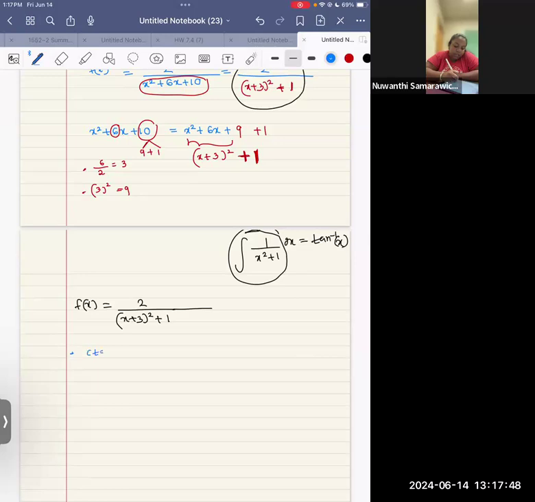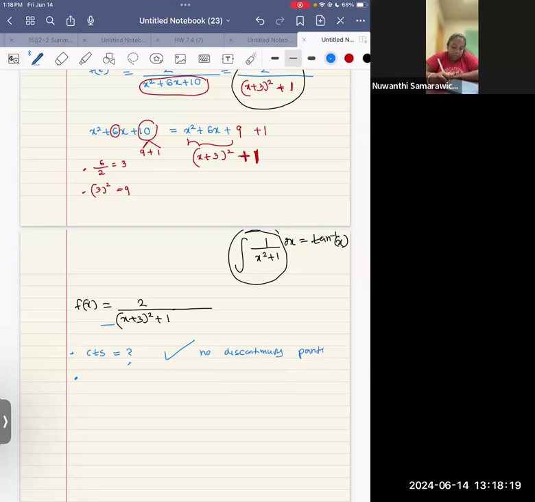So is it continuous? It is continuous, right? Because it doesn't have any discontinuity point, because here we have (x plus 3) squared. So it is continuous, no discontinuity points.